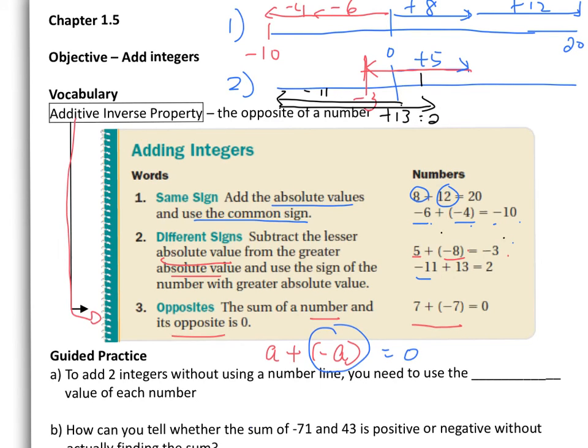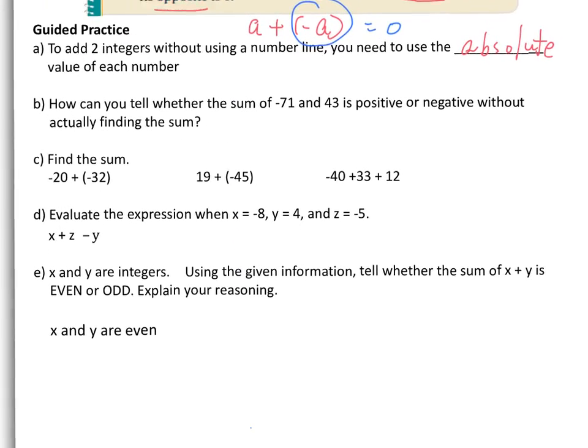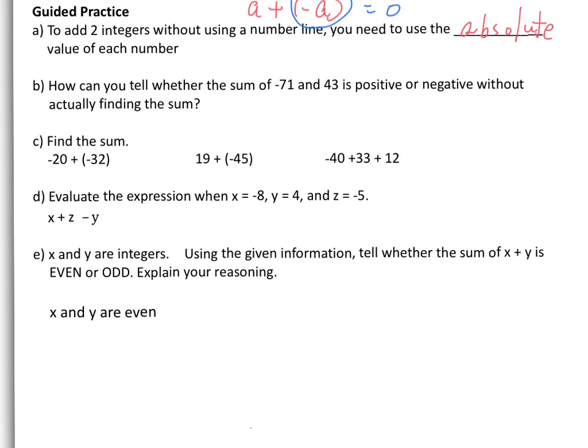Okay, let's take a look at the guided practice problems. To add two integers without using a number line, you need to use the absolute value of each number. Part B. How can you tell whether the sum of negative 71 and 43 is positive or negative without actually finding the sum?